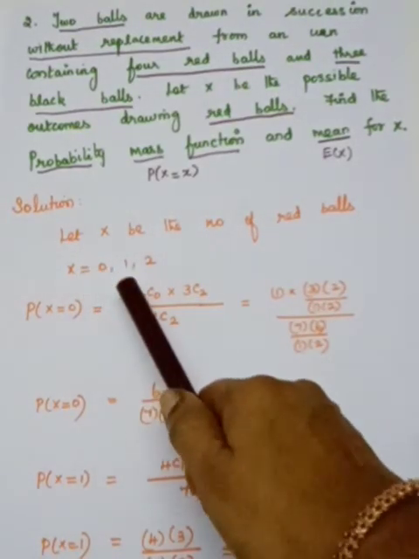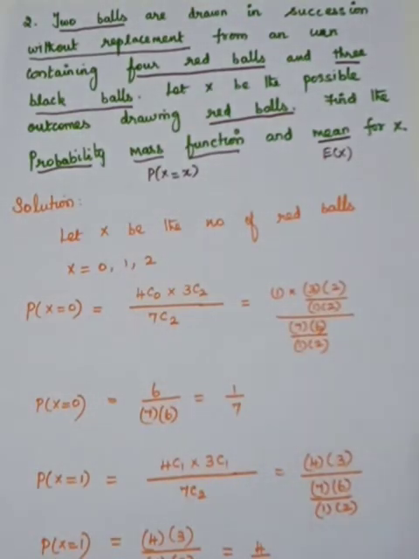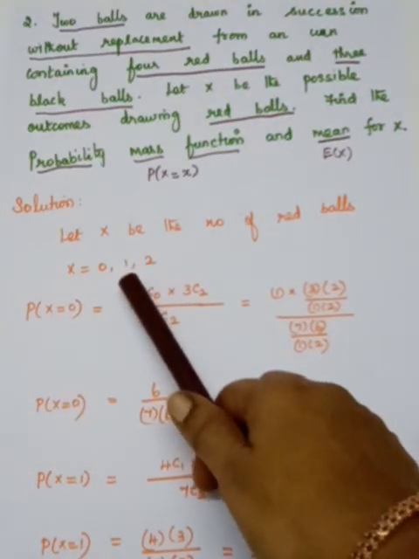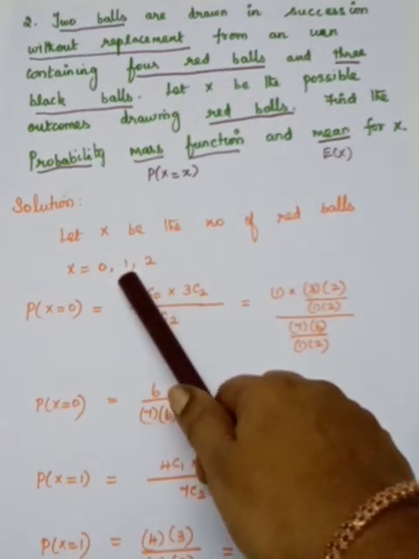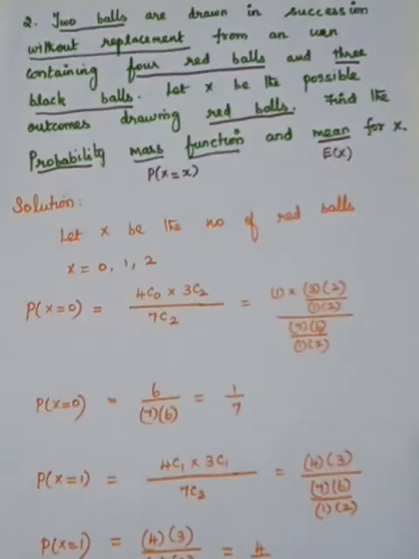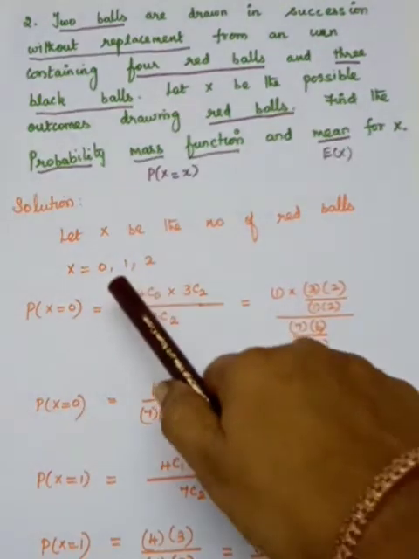Out of the 2 balls you have drawn, if any one is red, then x is equal to 1. What is x equal to 2? It means you have taken both red balls from the urn, that is x is equal to 2.